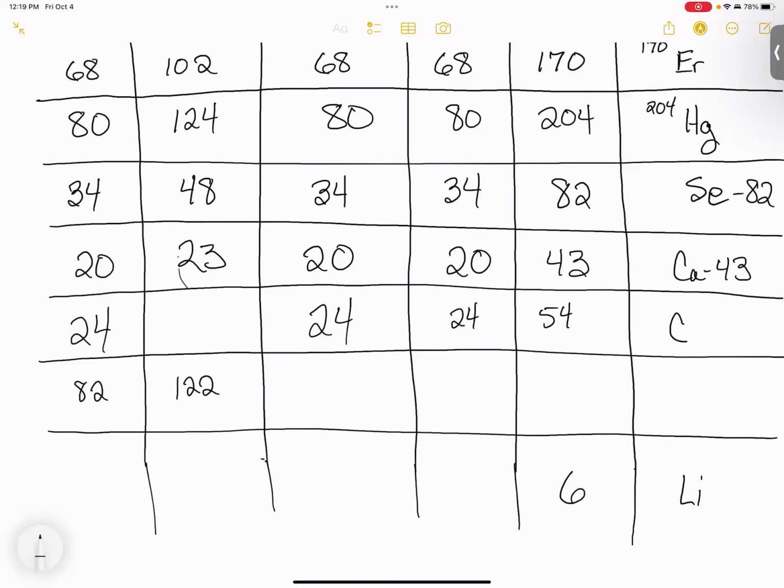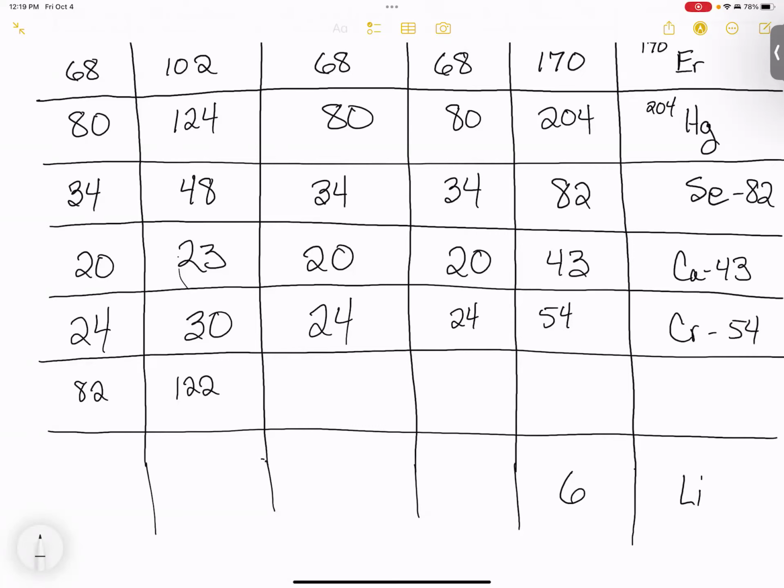Cr. What does the 54 tell me? That's the mass number, so I should finish out my symbol. Subtract 54 minus the number of protons, and you'll get the number of neutrons.